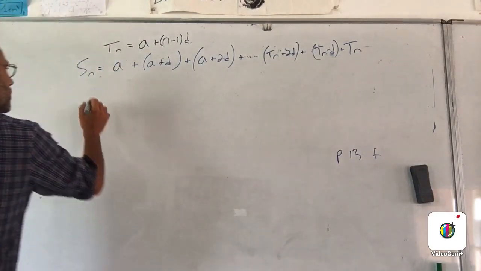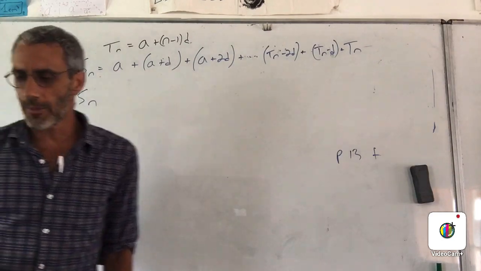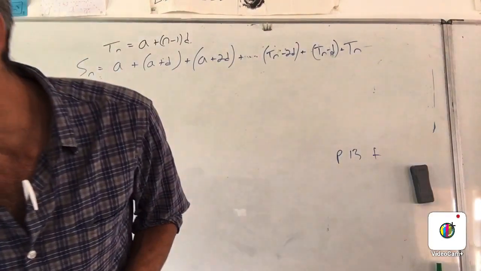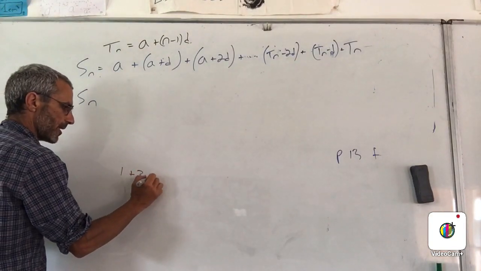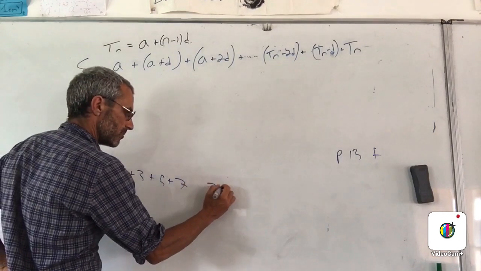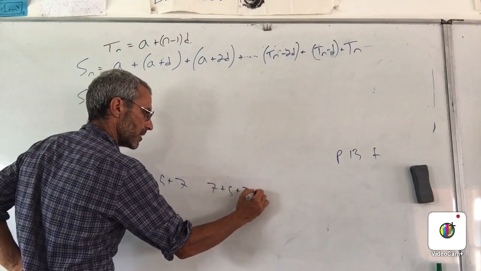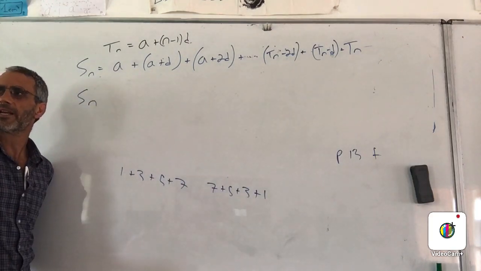Alright. Now I'm going to write down this again. But what I'm going to do, I'm going to ask you a question. If I have 1 plus 3 plus 5 plus 7, if I write 7 plus 5 plus 3 plus 1, can I write an equal sign here? Of course I can, right?